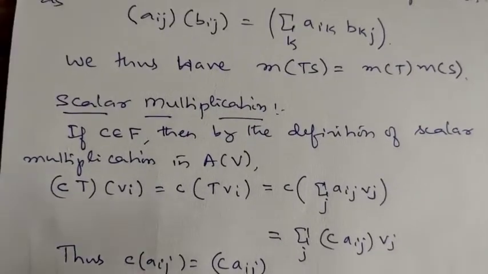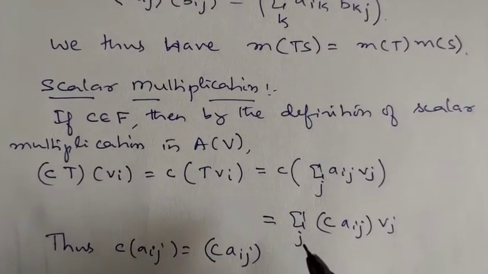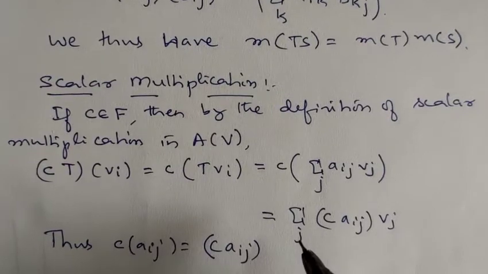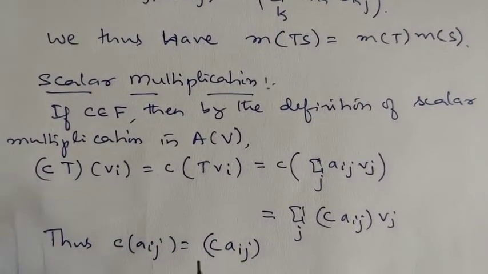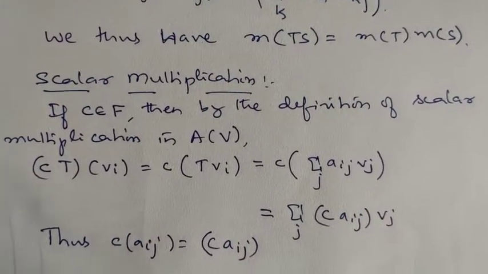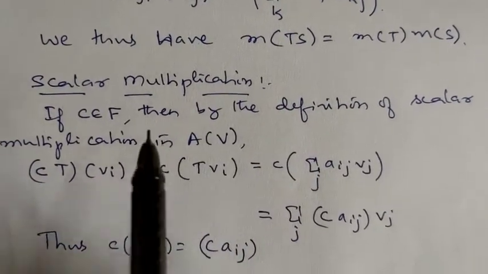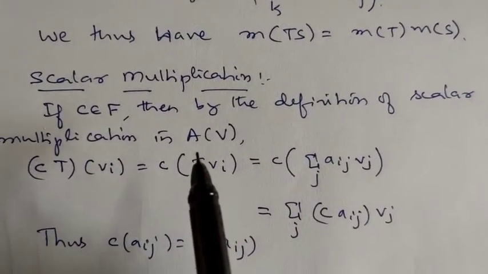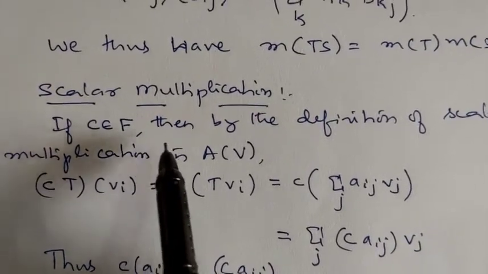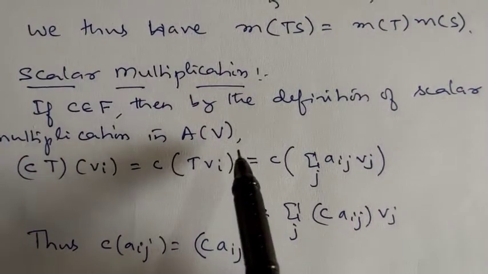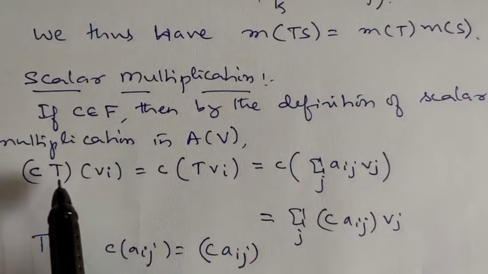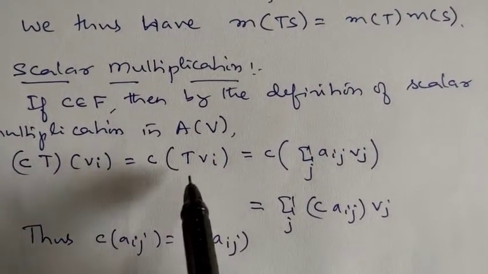Now the third one. To prove it's an algebra, it must be a vector space. So for a vector space we need addition and scalar multiplication, so let's define what is meant by scalar multiplication here. Okay. If C belongs to F, then by the definition of scalar multiplication in A of V, C into T of Vi is C into T of Vi.